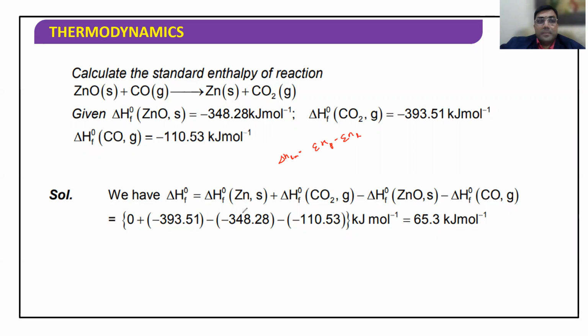Now, heat of formation of zinc. Zinc is elemental state. So it is 0. Agree or not? CO2 is given. Next, reactants, ZnO and CO are given. So simply just do minus. Clear or not? Yes, sir.